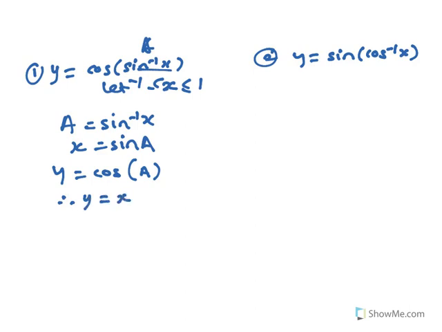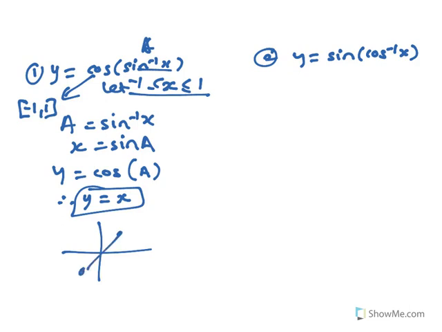So therefore y equals x, but the domain is restricted between 1 and -1, and the y is a cos graph. So the range is also restricted between 1 and -1. So it's going to be like that between 1 and -1.